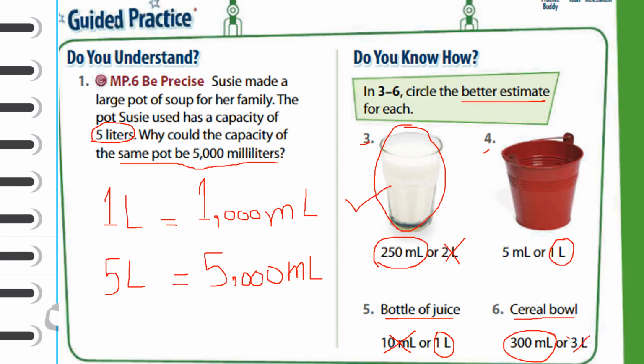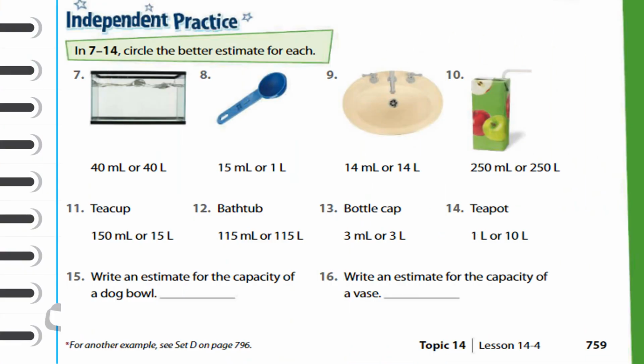So the cereal bowl can hold 300 milliliters. Okay, so question 7 to 14, circle the better estimate for each. Just like we did from question 3 to question 6, the pictures are given. You have to circle the better estimate for each.